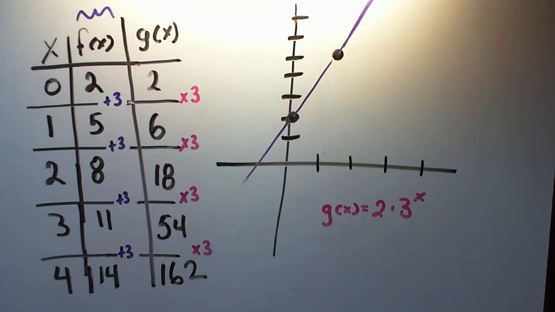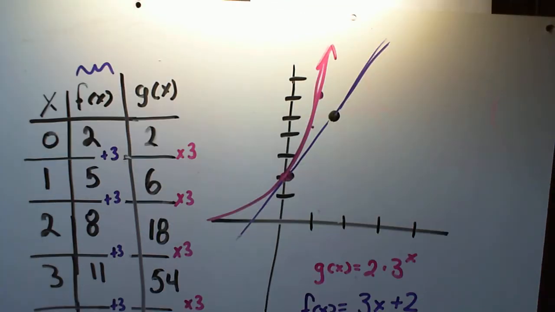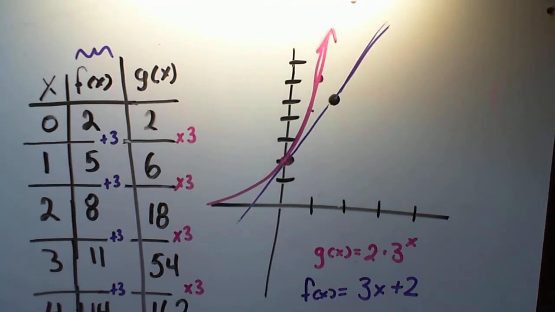If we use information learned earlier in the course to calculate the linear function for f of x, we see that f of x is 3x plus 2. Going ahead and putting that g of x function on this same graph, we see that our g of x takes a different type of shape. It is not a linear graph, it is that exponential curve that we talked about earlier.